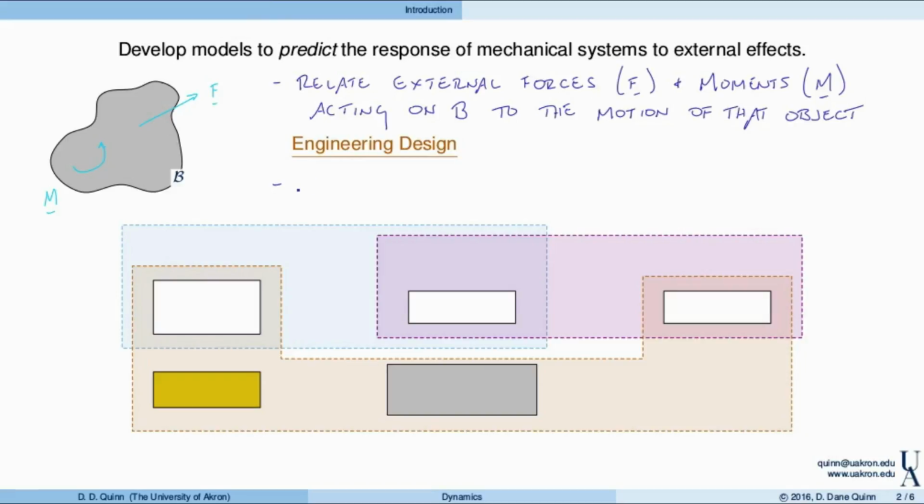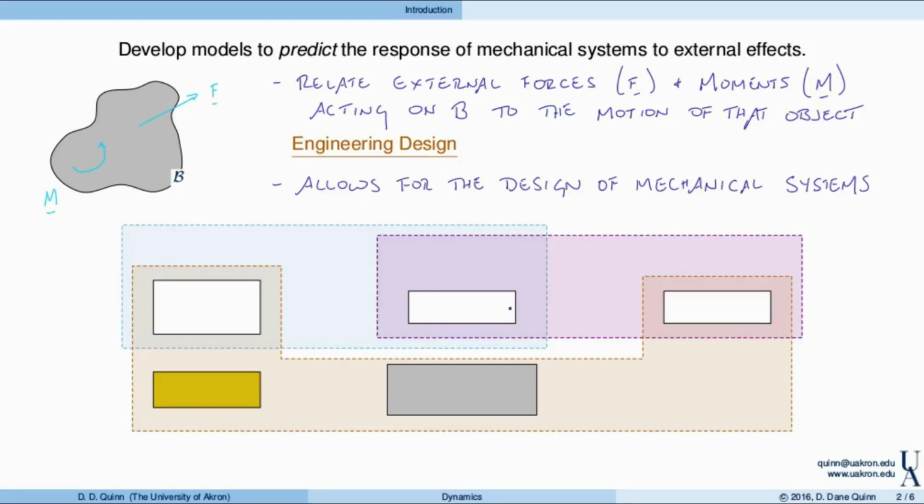Because if we can develop models to predict the response, this allows for the design of mechanical systems under dynamic conditions. So it allows us to design mechanical systems so that the response under load, particular forces and moments, is acceptable, whatever acceptable means in the context of the problem that we're interested in.